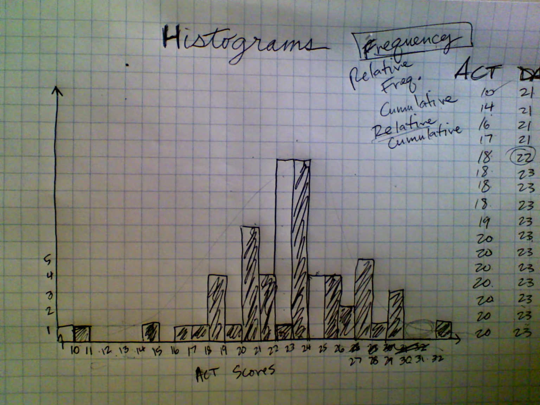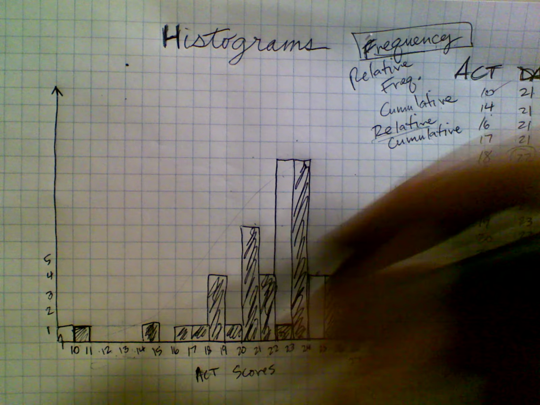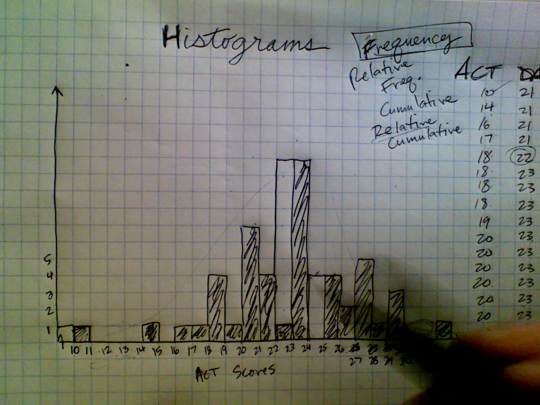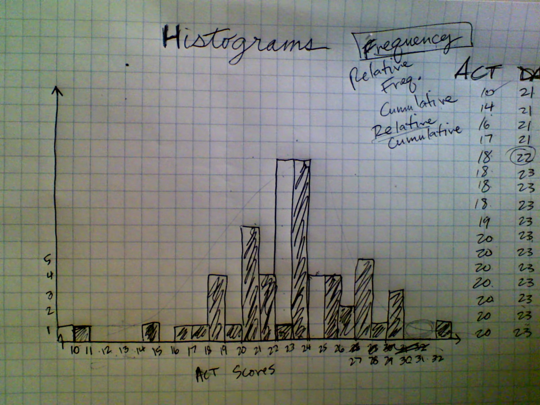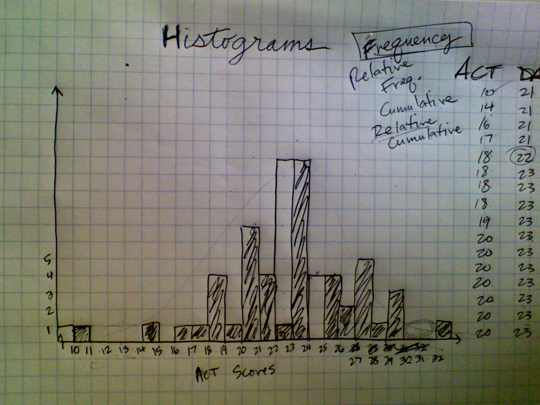All three of those are used interchangeably. I can scale this any way I want to. In this case, I made it ones just for simplicity, but I could have done maybe 2s and leveled this out a little bit, or 2s or 3s. Again, that's a lot easier to try out if you're using your graphing calculator versus trying to make this by hand. But that's basically what a histogram looks like.